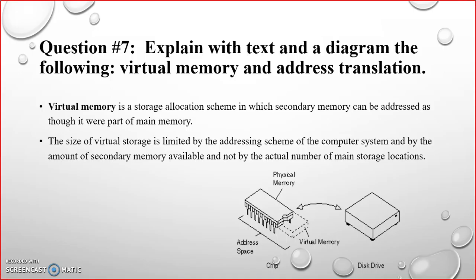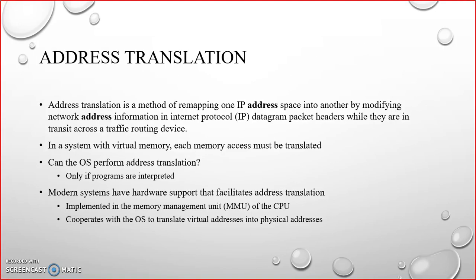The size of the virtual storage is limited by the addressing scheme of the computer and by the amount of secondary memory available, and not by the actual amount of main storage. Here we have a diagram that shows physical memory, then an address space, then the virtual memory, and then a disk drive. Next slide.